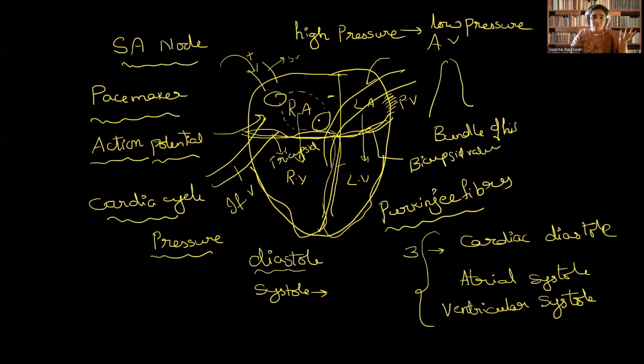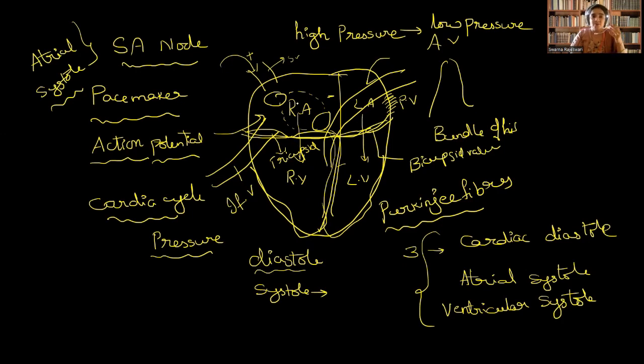Now when the pressure is more in the auricle, these auricles start to contract, which we call atrial systole. When the atrial systole occurs, the auriculoventricular valves, that is the tricuspid valve as well as the bicuspid valve, open, pushing the blood present in the auricles into the ventricles.